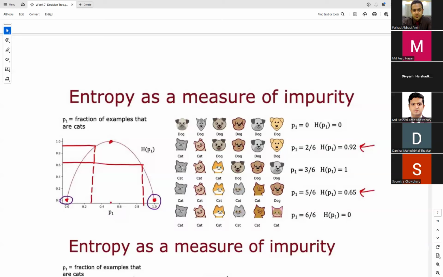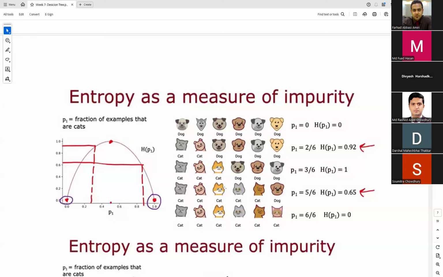For the third case, 3 of them are cats, 50-50. 3/6, 0.5. When P1 is 0.5, we have the worst case scenario. The entropy is 1.